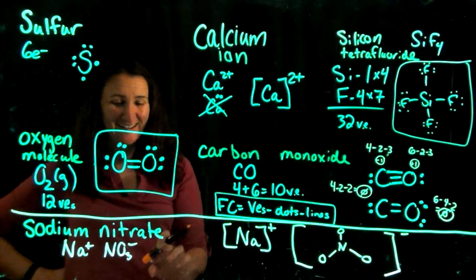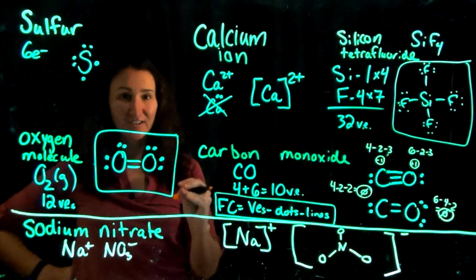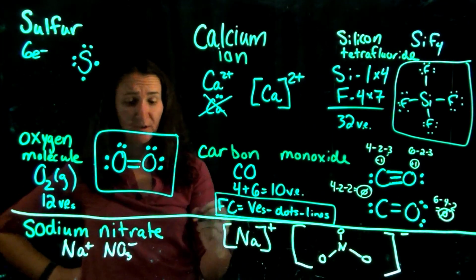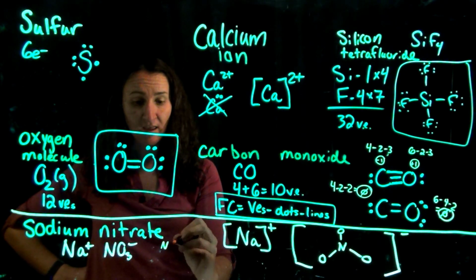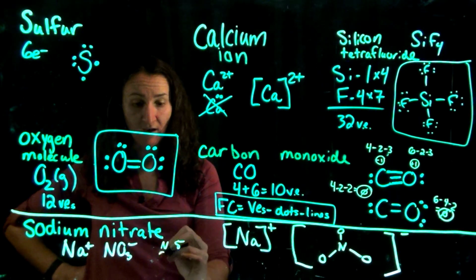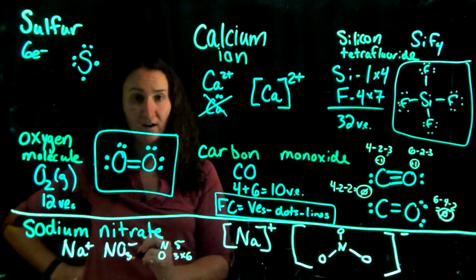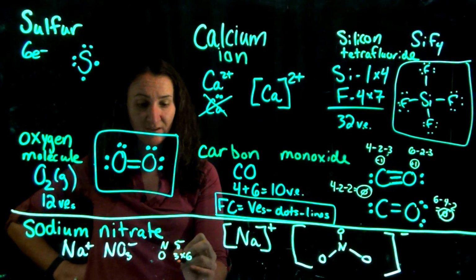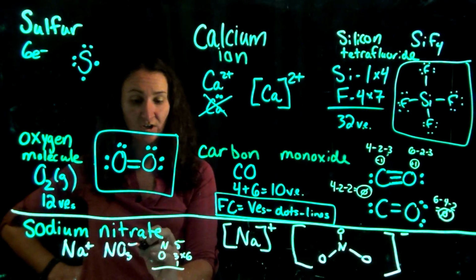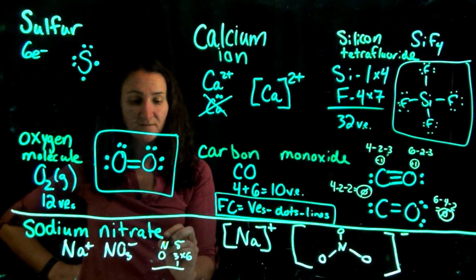Well, let's find out. All right, so first off, let's see how many electrons we have available to put on our molecule. Nitrogen, it's got 5. Oxygen, there's 3 of them, and there's 6 total per oxygen. And then we have +1 extra of our charge here. So nitrogen is 5, plus 3 times 6 is 18, plus another 1.